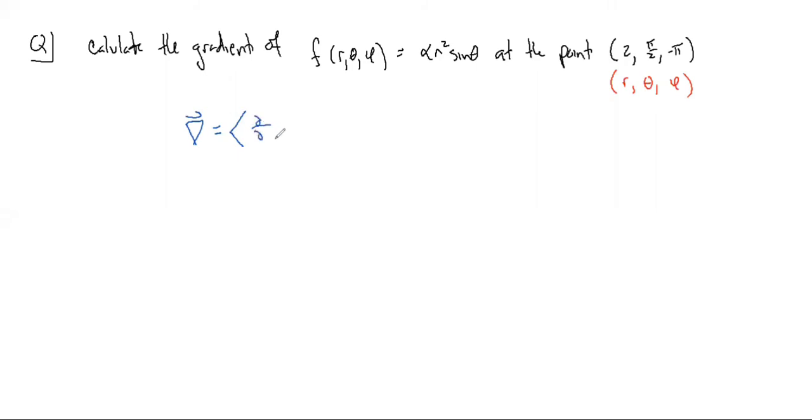So first term, just d by dr. And if I wanted to be a little pedantic about it, I would say it's 1 over 1, since the scale factor for the r coordinate is 1. What about the next term in the gradient operator?